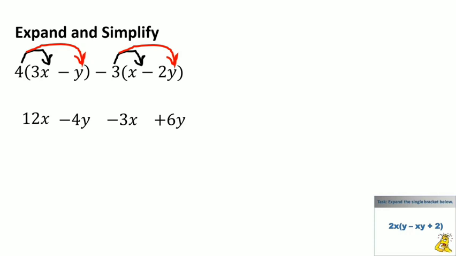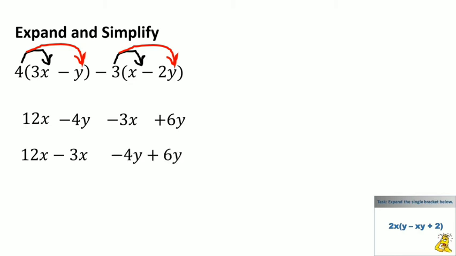This takes care of the expansion. Now we are going to simplify. To simplify, we will bring all the x's together and all the y's together. This is like grouping like terms. You may take this opportunity to review my video on grouping like terms. Now we group all the x's together like this and all the y's together like this.